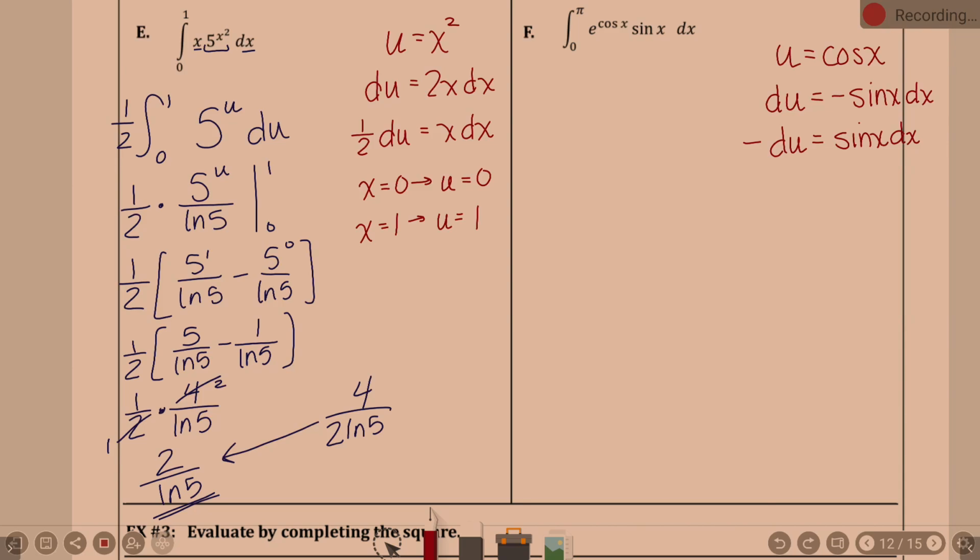Transfer your things. When x is 0, then u is cosine of 0, and cosine of 0 is 1. When x is pi, u is cosine of pi, which is negative 1.